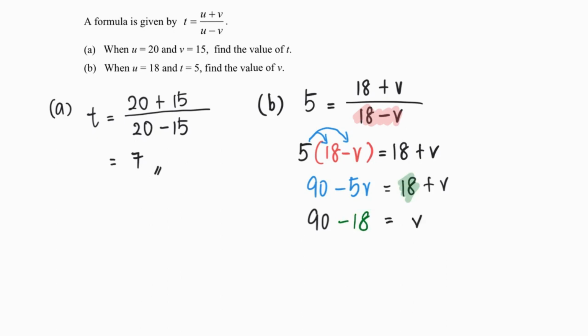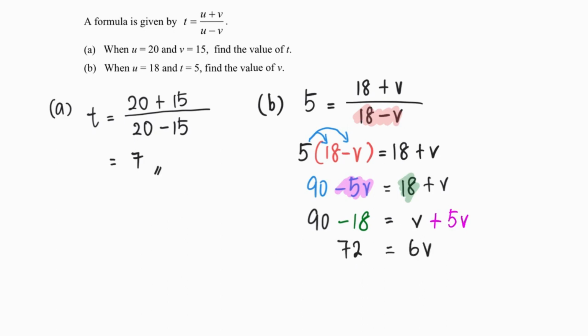The other side here have the V, and I would have my negative 5V here. And so you would see that I'm going to add 5V on both sides, so that my left hand side no more V. Continue to simplify. This will be 72 equals to 6V.